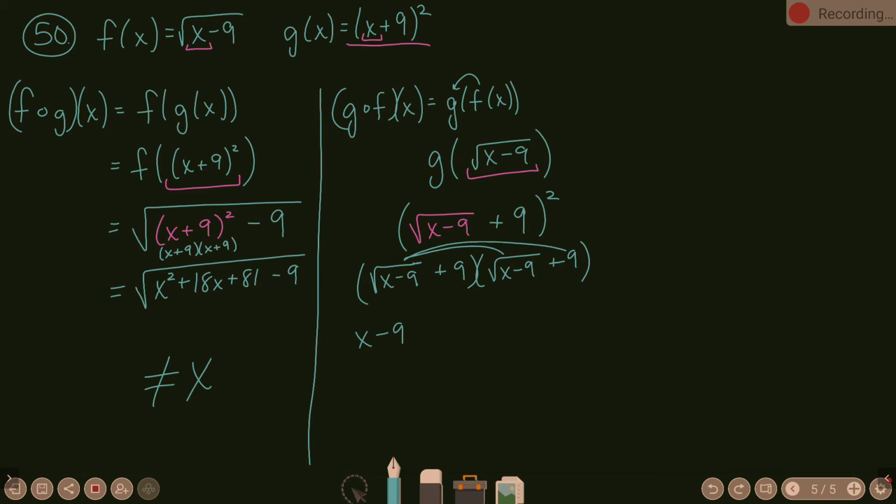Here you'd have 9 times the square root of x minus 9. Here you'd have another 9 times the square root of x minus 9. And then lastly, 9 times 9, which is 81. Well, it's messy, it's ugly, and most importantly, it does not equal x. So that's how I know that these two are not inverse functions.